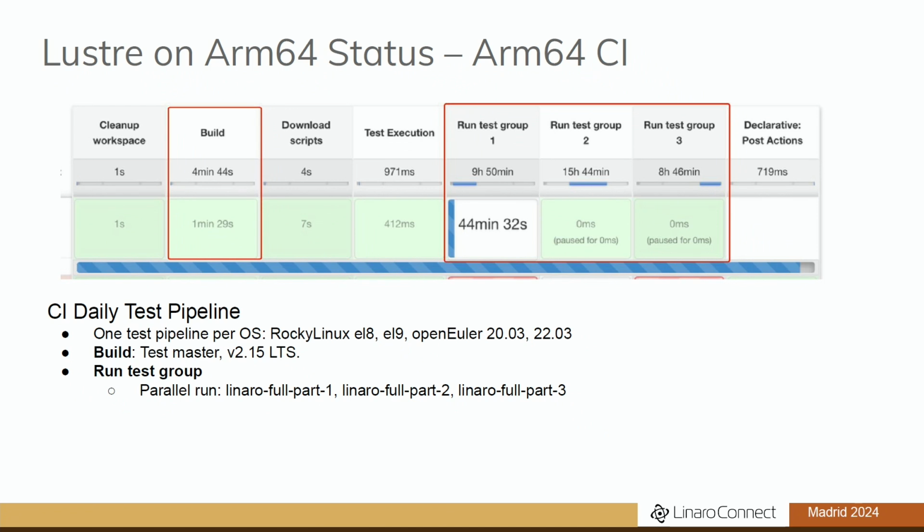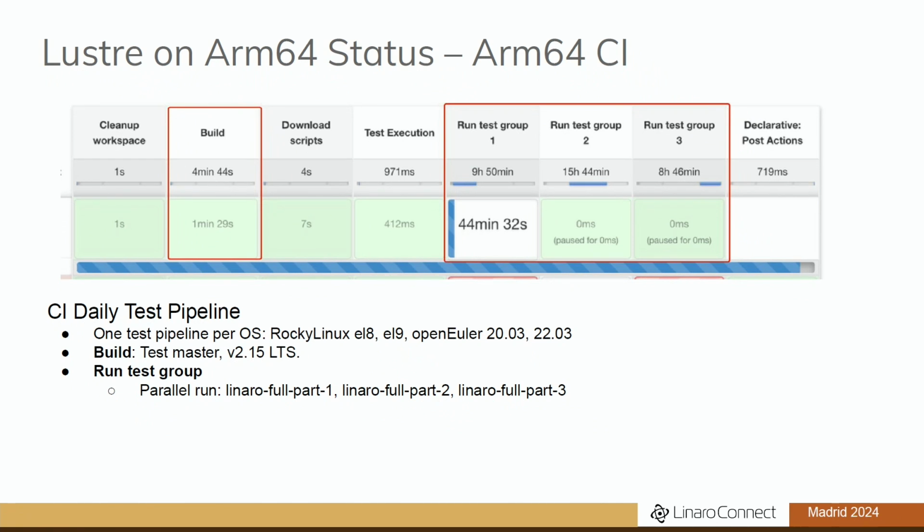And in the pipeline, you can see a test plan per OS. It mainly consists of two parts. This is the build part. In the build part, we will build the Lustre binary RPM packages.